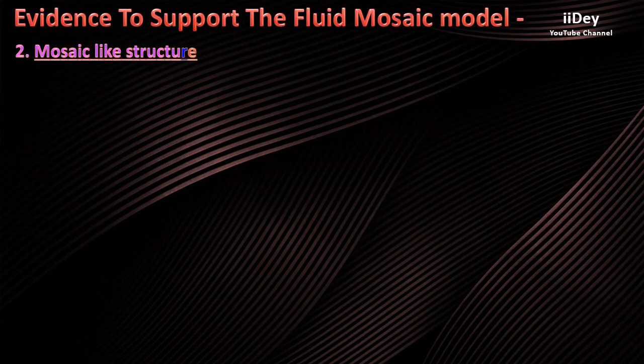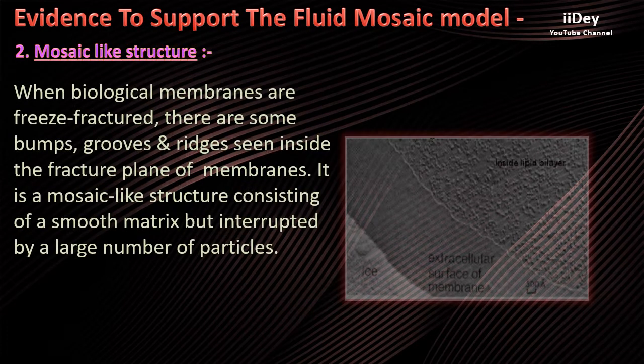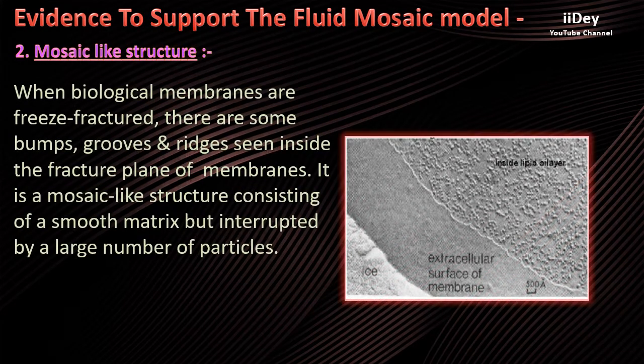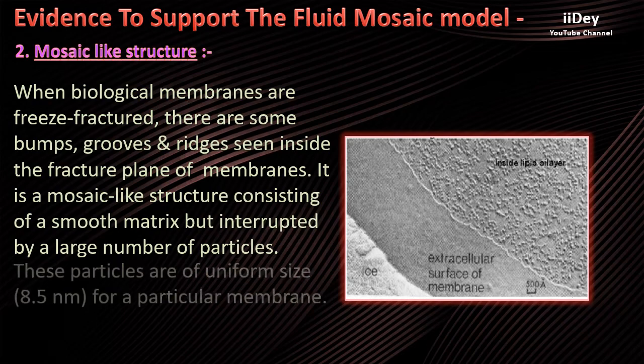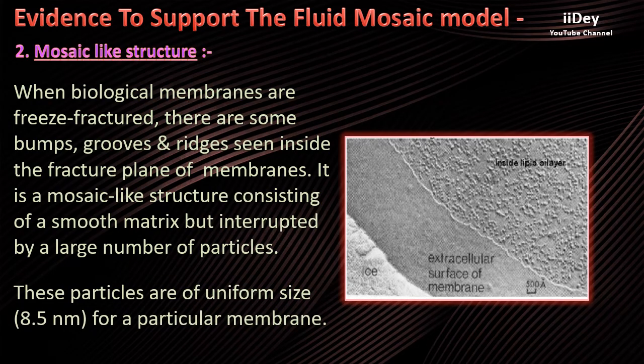Number 2. Mosaic-like structure. When biological membranes are freeze-fractured, there are some bumps, grooves and ridges seen inside the fracture plane of membranes. It is a mosaic-like structure consisting of a smooth matrix, but interrupted by a large number of particles. These particles are uniform in size, 8.5 nanometers, for a particular membrane.